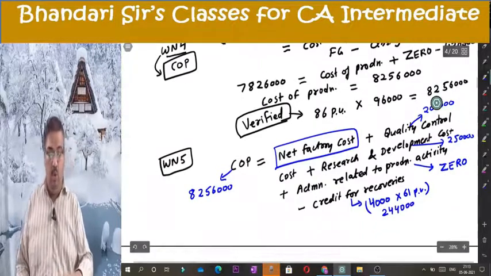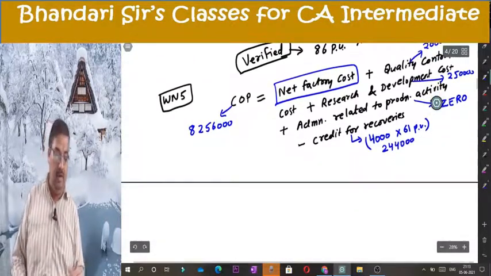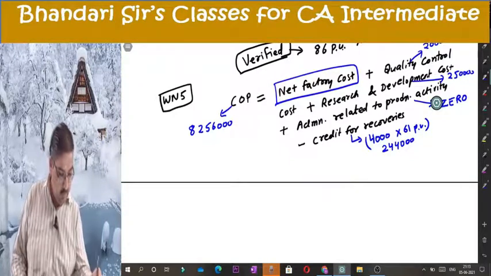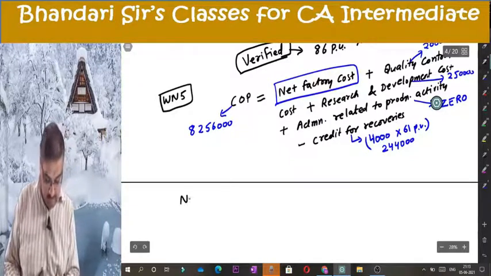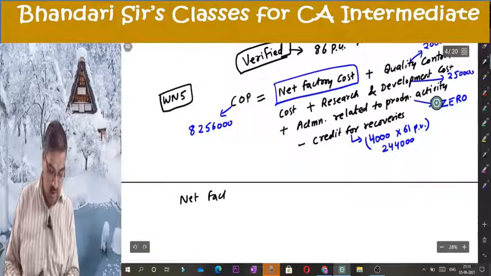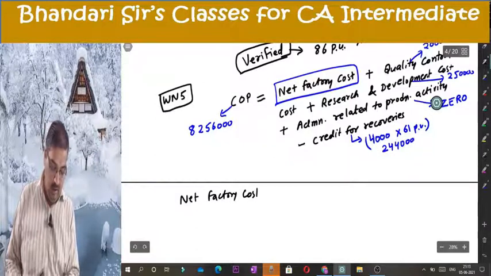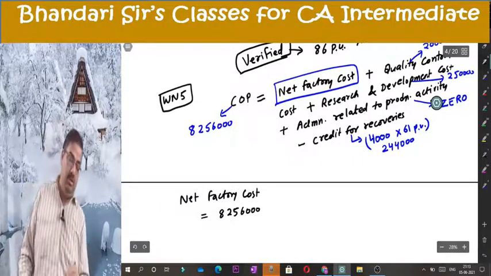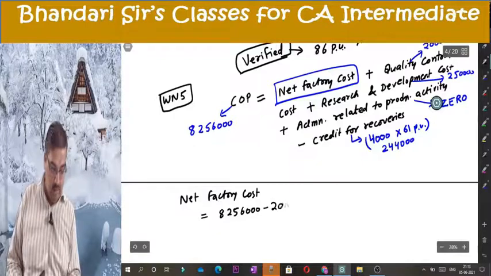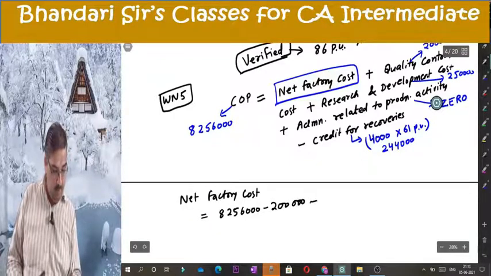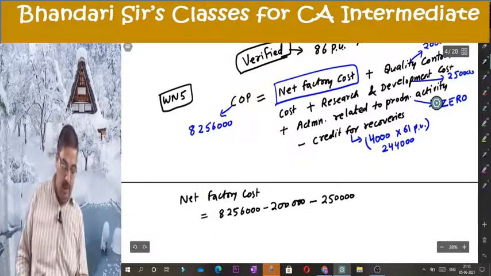Now I have to do reverse computation to get net factory cost. So net factory cost equals 82,56,000. All signs will change when it goes to the other side. Minus 2 lakh, minus 2,50,000. Zero has no role to play.